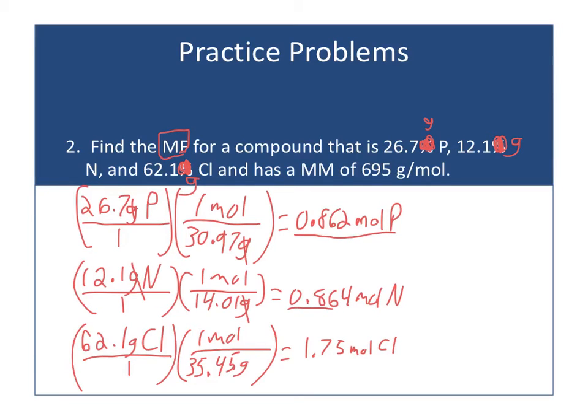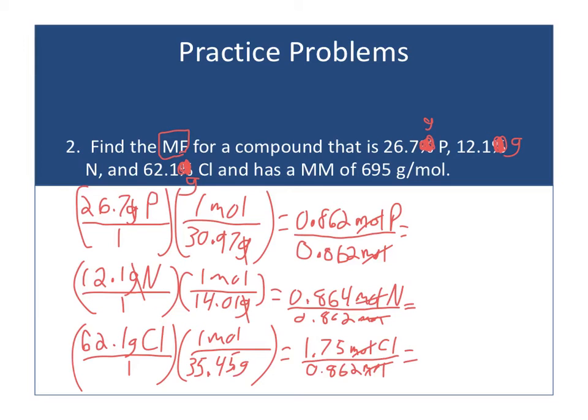Now I take each one of these, and I got to get these to more simple whole number ratios. I divide by the smallest one, which is 0.862. And I have to do this with each and every one because I need to keep that ratio the same.